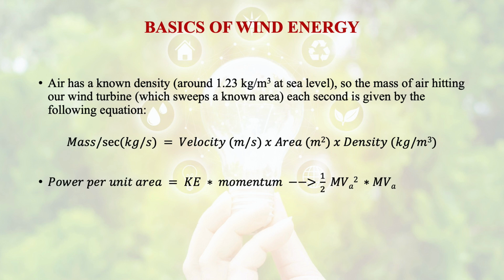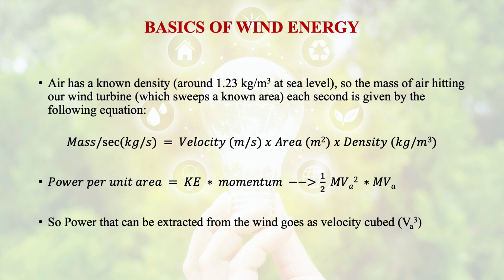If we talk about the power generated per unit area, it will be kinetic energy multiplied by momentum. So it will be 1/2 m v squared, v is the average velocity, into momentum, that is mass into velocity, so m into v average.